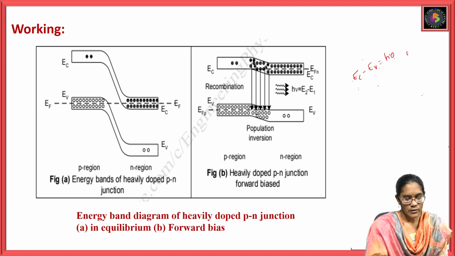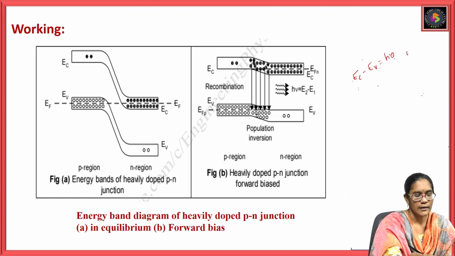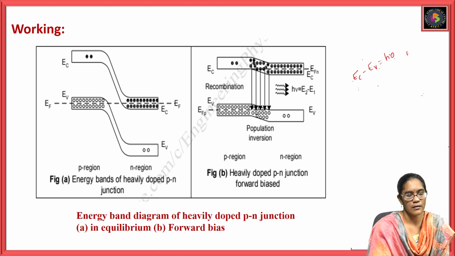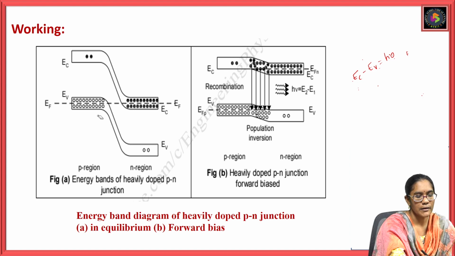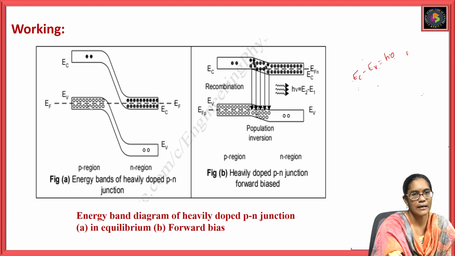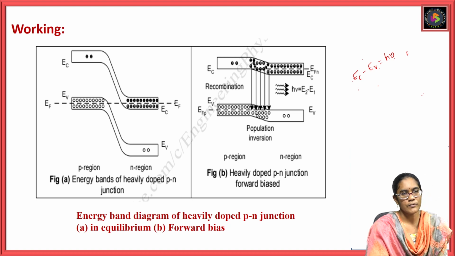For example, suppose in the conduction band two electrons are available, and in the valency band many holes are available. If one electron comes from conduction band to valency band, it makes a transition and emits one photon, which has some frequency.